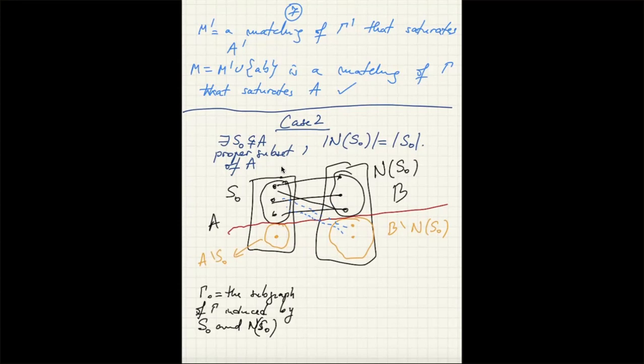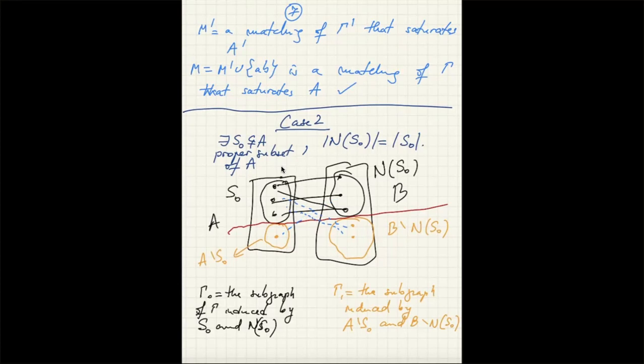So we split the graph into gamma 0, and gamma 1, which is the subgraph induced by A minus S0 and B minus NS0. Even if there are some edges like this, they will not belong to gamma 0 or to gamma 1.